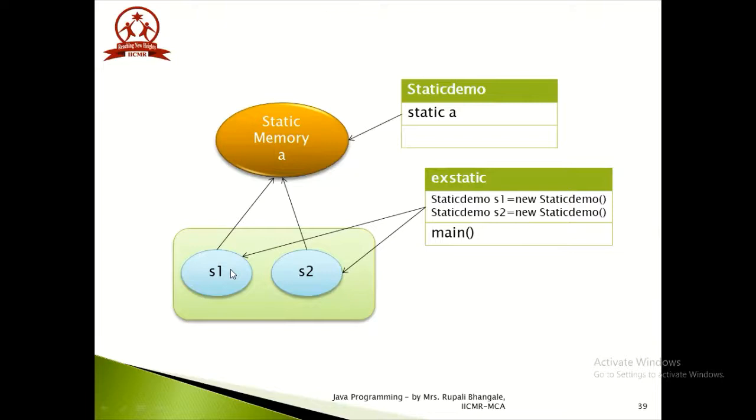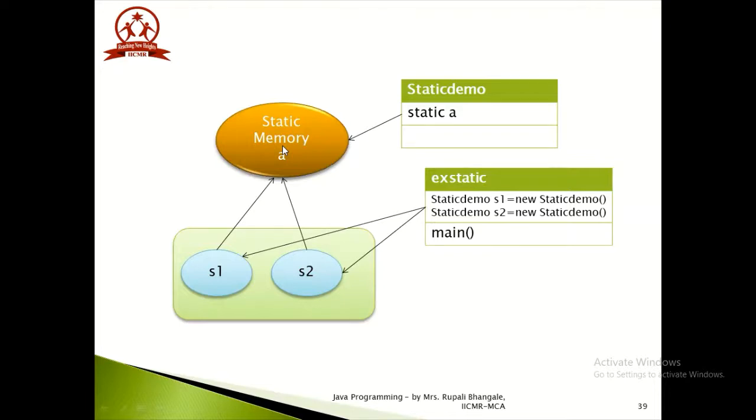But remember, both the objects are created separately in the heap area, but still both of them are having the same memory location where the static keyword is being stored. So even if you are changing the value with the S1, still it will be reflected for S2. That's how we saw the A variable which is being incremented from the S1 object is still reflecting the value to the S2 object too.